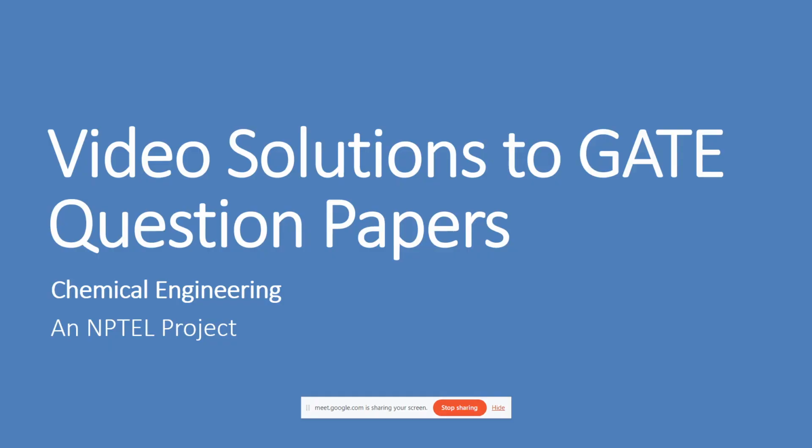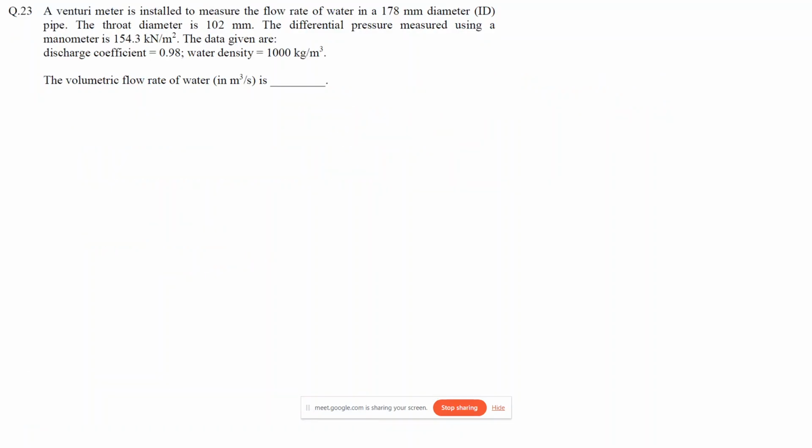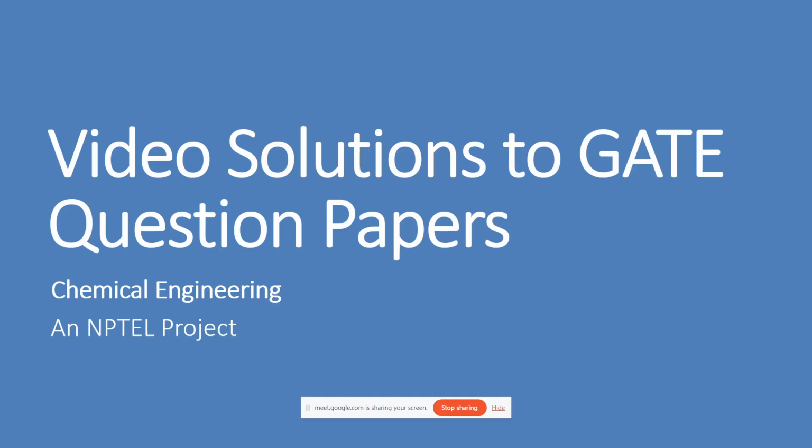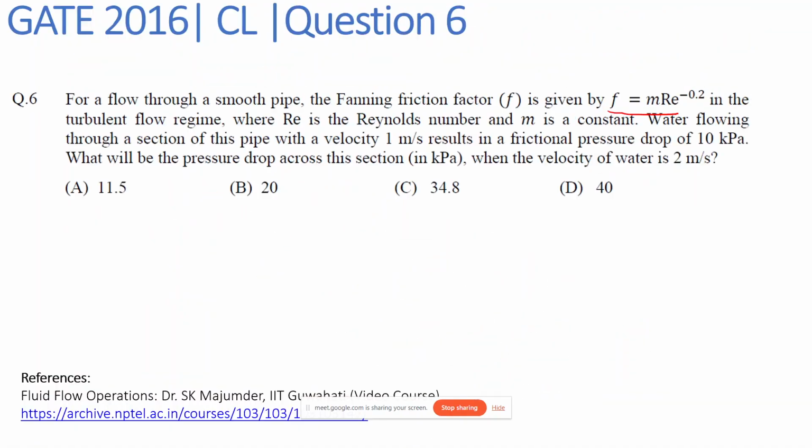So now let's take a look at one more question of this friction factor, and then we will take a look at some boundary layer theory questions. So this is question number 6 from GATE 2016, and the question is, for a flow through a smooth pipe, the fanning friction factor F is given by F is equal to M into Re raised to minus 0.2 in the turbulent flow regime, where Re is the Reynolds number and M is a constant.